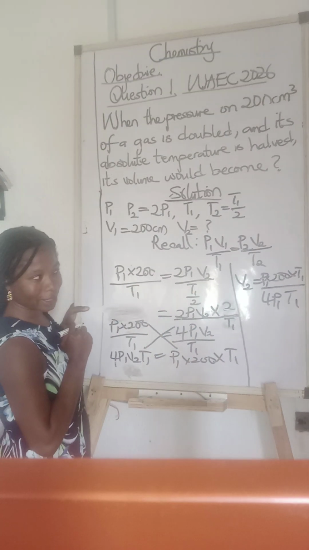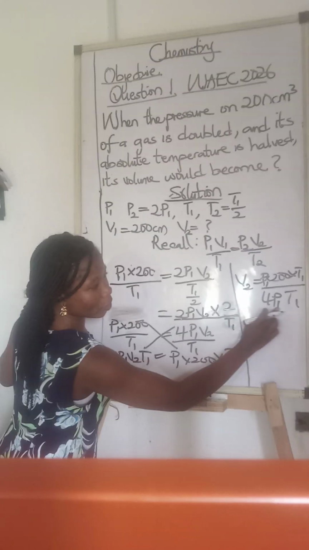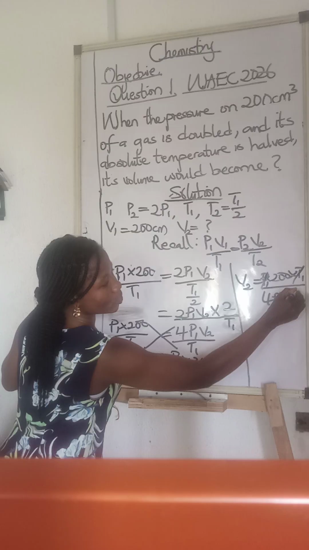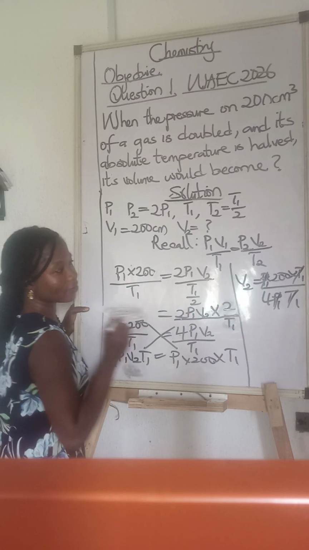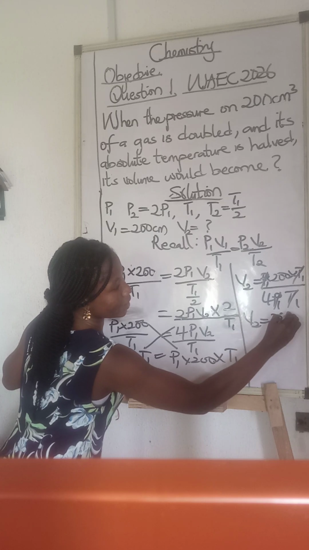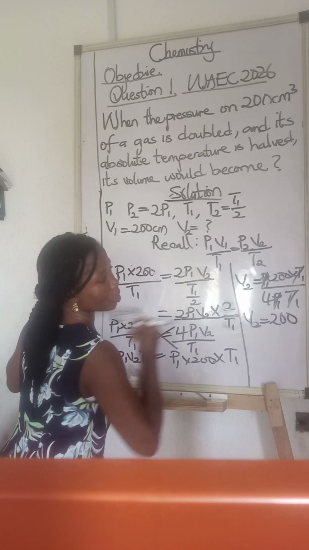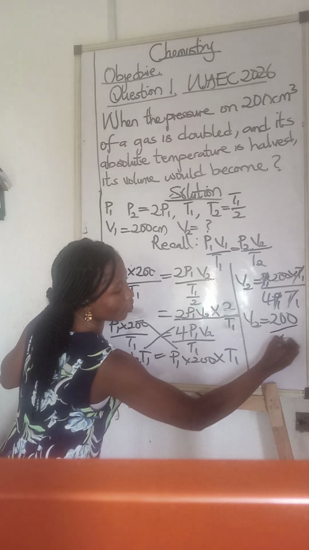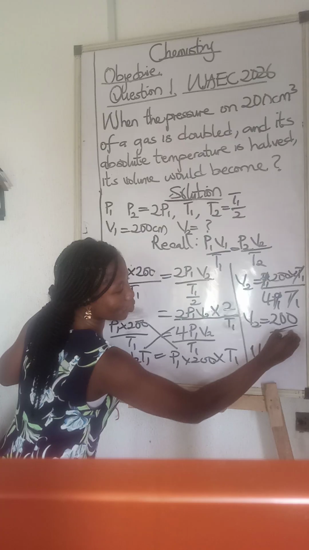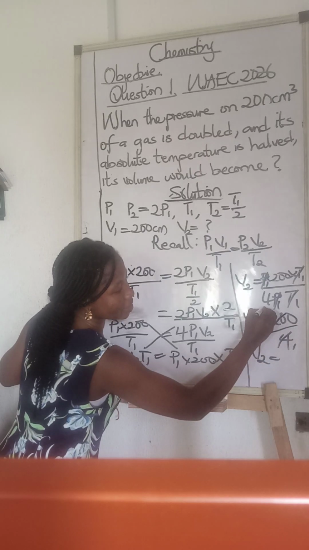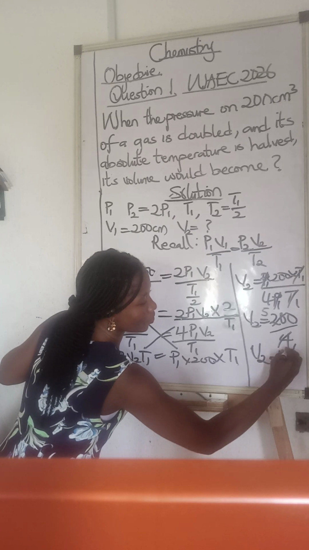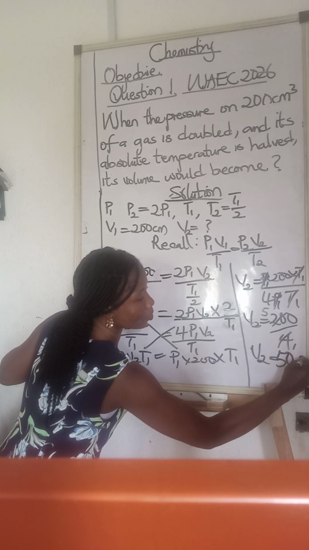Are you seeing it? We are getting somewhere. So we have P1 here, T1. P1 will cancel P1, T1 will cancel T1. So what I have left is V2 equal to 200 at the top, and 4. So my V2 will be equal to what? 4 into 20 is 5, so I have 1, 0. So this will give me 50 cm cube.